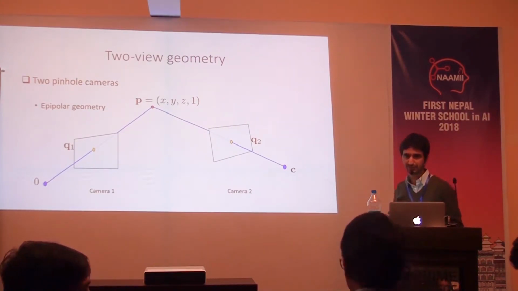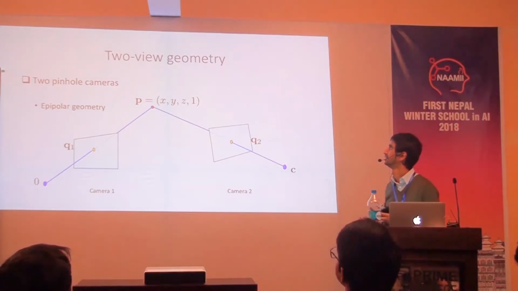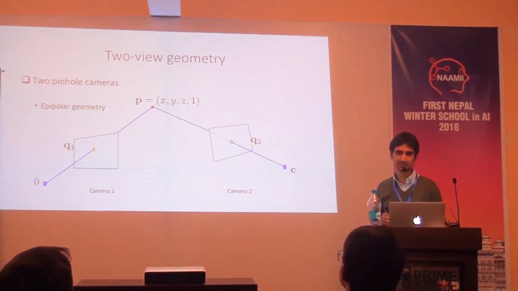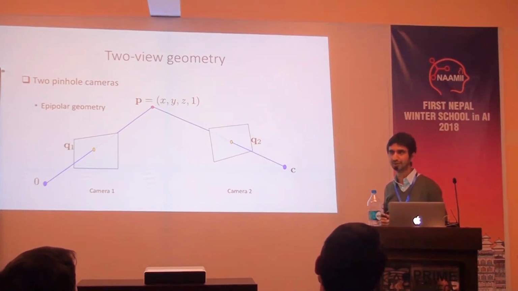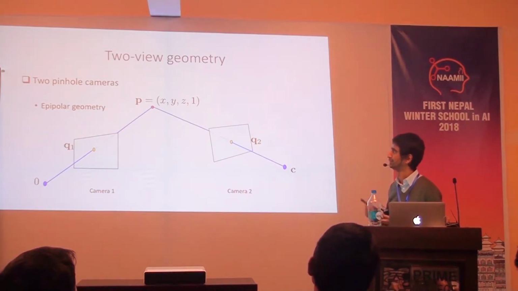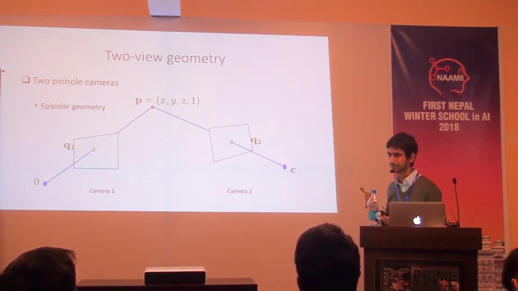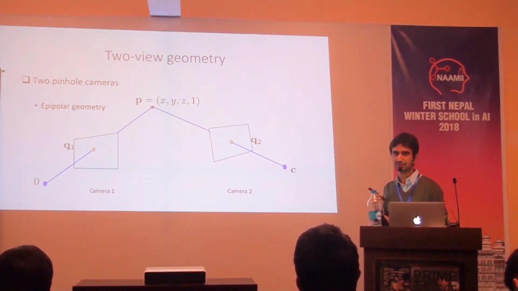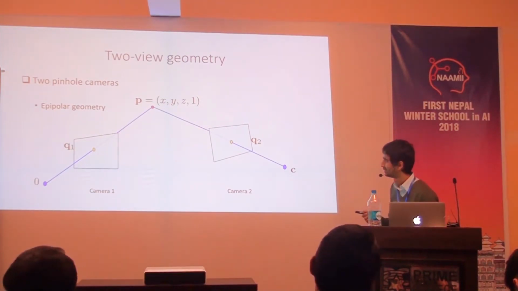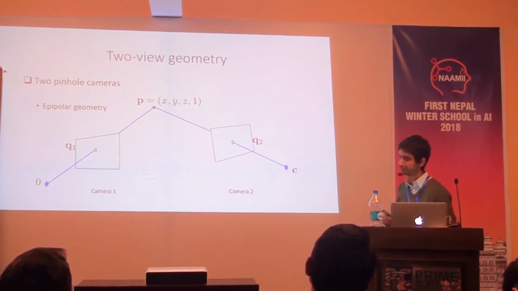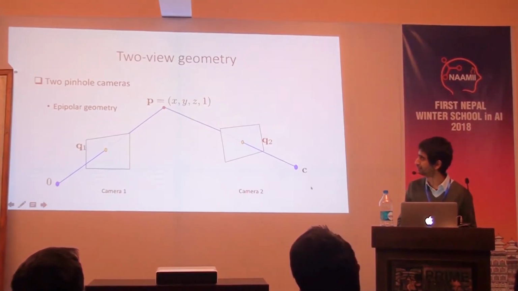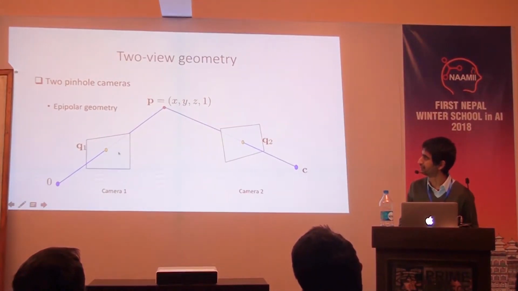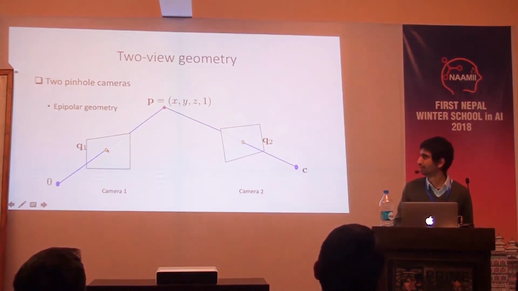So on to the next thing, 2-view geometry. I think you already see why we're doing 2-view geometry now, because we want to get the 3D of the points. So you already see that before, if we knew the point Q1 in the image, we knew that the 3D point would lie somewhere on this line.